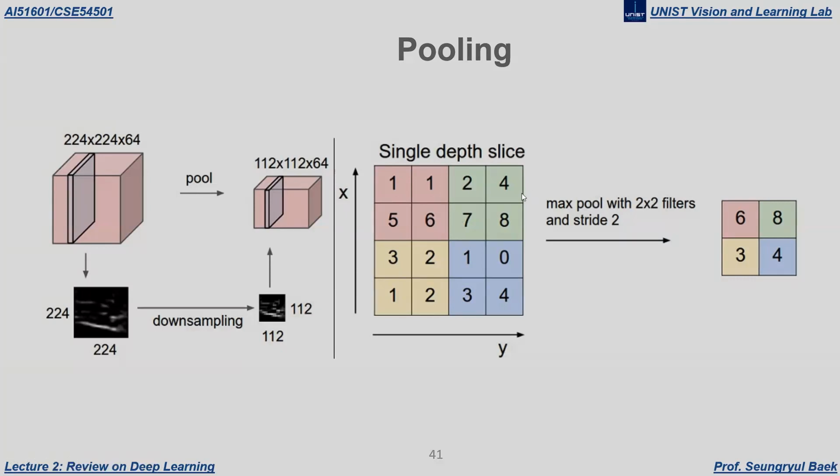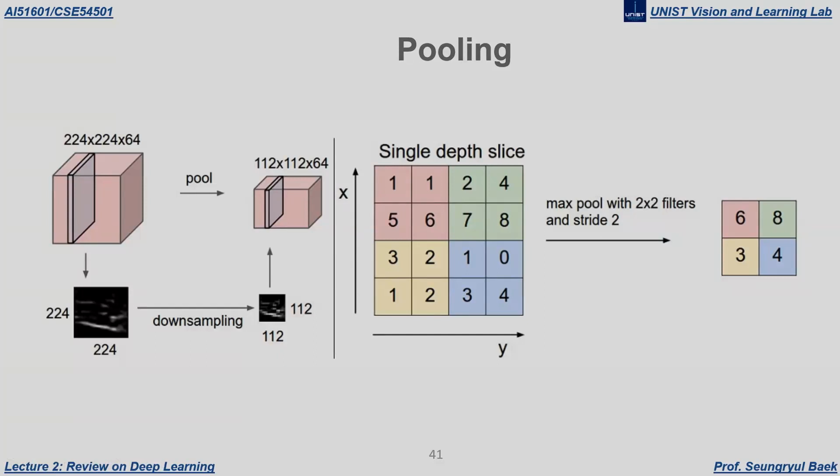In the green box, you will choose 8 because it is the maximum. In the yellow box, you will choose 3, and in the blue box, you will choose 4. This is the max pooling operation.